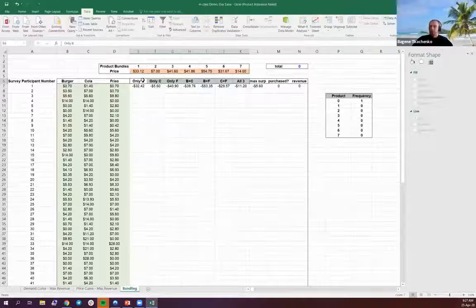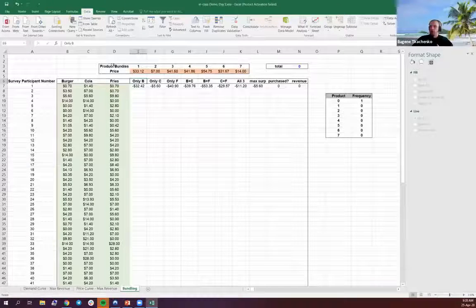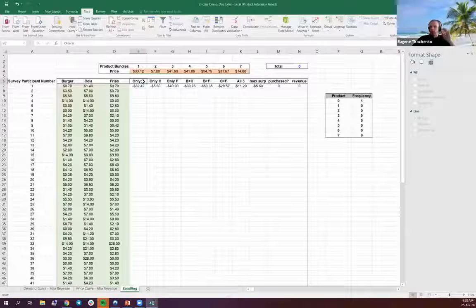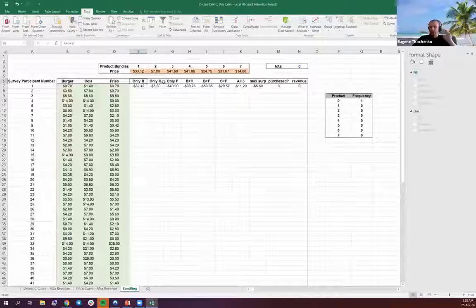Here I call them product bundles. So it would be just a product bundle option or version 1, 2, 3, 4, up to 7, and then the actual descriptions. I calculated that we may be offering just a burger, just a cola, just fries.